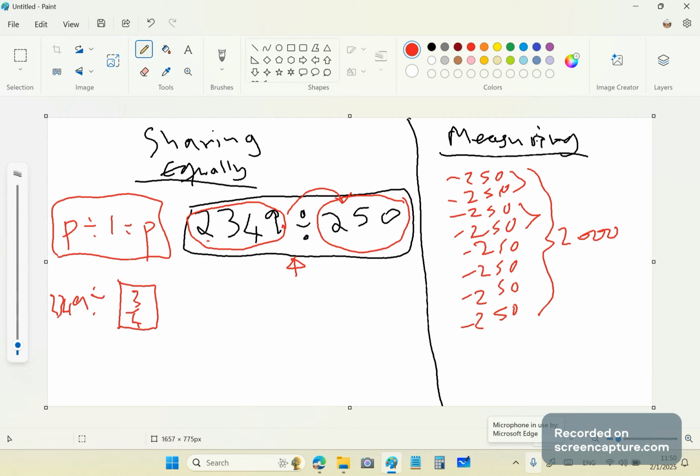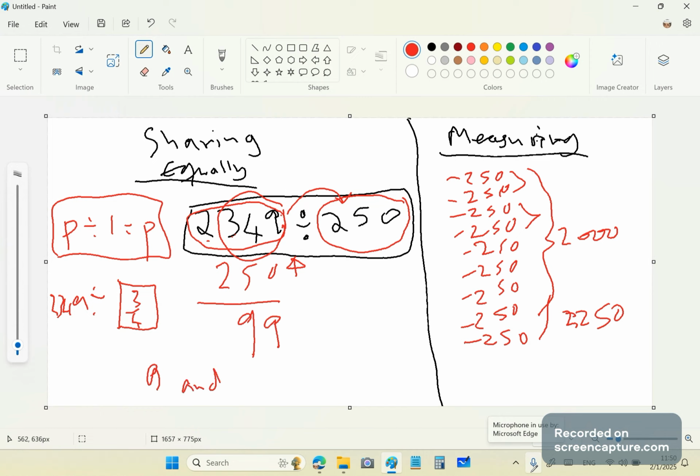So 250 measures that 8 times, and it measures it 9 times because it also comes off 349. So another 250, and the total becomes 2250. We take 250 away from this 349, okay, and we're left with 99, right? So the answer would be 9 and remainder 99, okay?